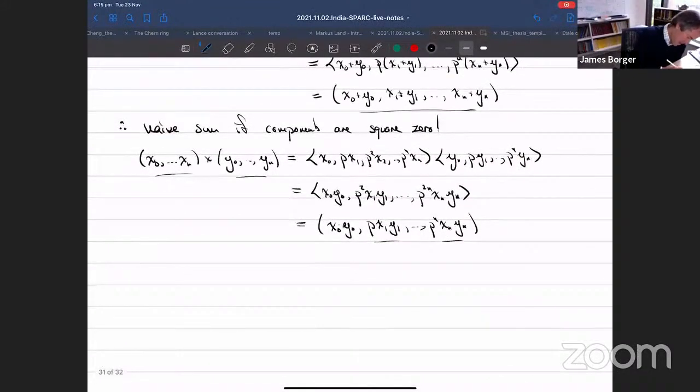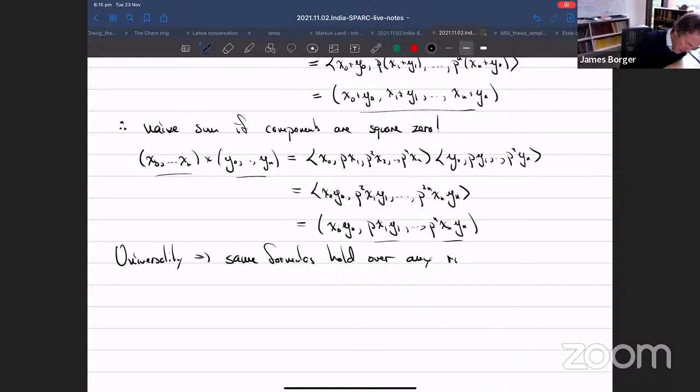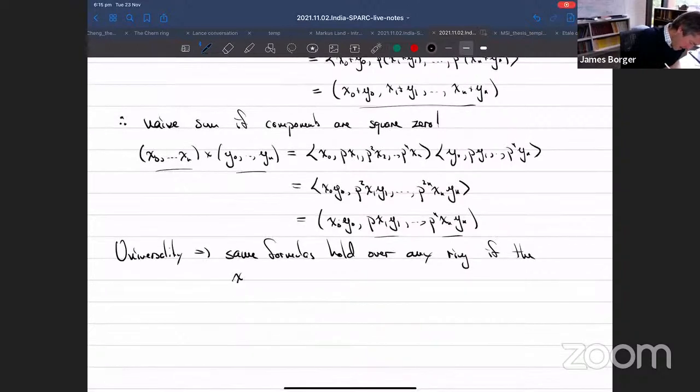So the universality of this example implies that the same formulas hold over any ring, crucially, even rings which are not p-torsion free, if the x's and y's form square zero ideals.